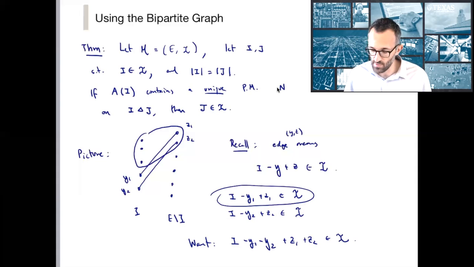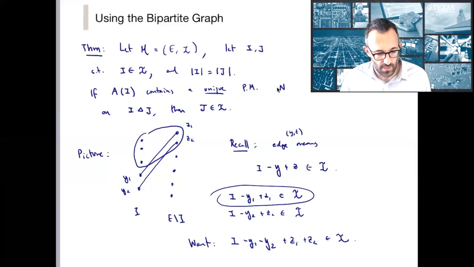So this theorem is asserting that I can do all of these swaps, not just one of them. The graph itself is saying that any one swap is guaranteed to land you again in an independent set. This is saying that you can simultaneously do all of the swaps as long as we have a unique perfect matching. So again, there's something non-trivial happening here.